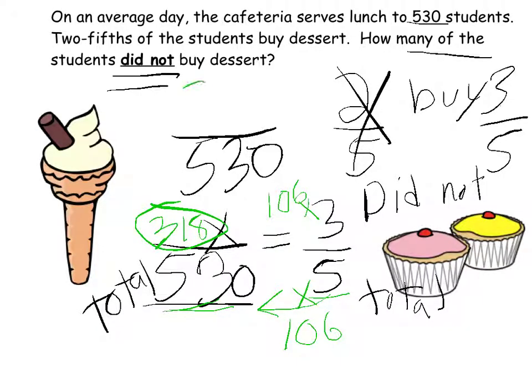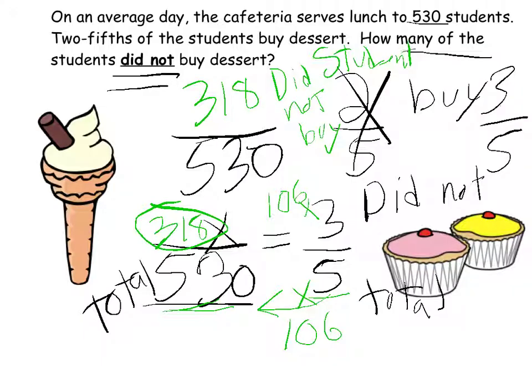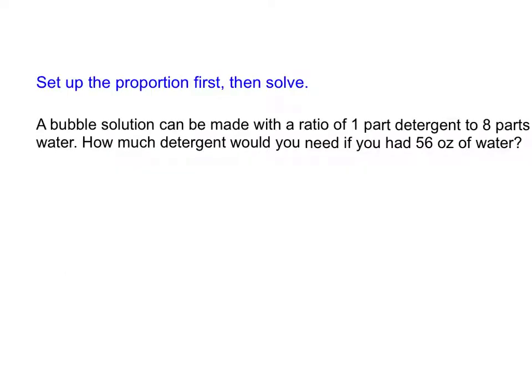So my answer would be 318 students did not buy. So again, it's very important to read all of the question and make sure that you notice things like did and did not buy. Good advice here is to set up your proportion first, then solve.